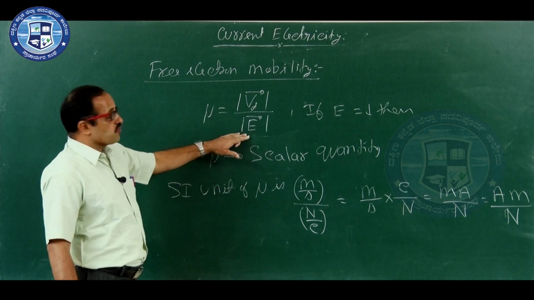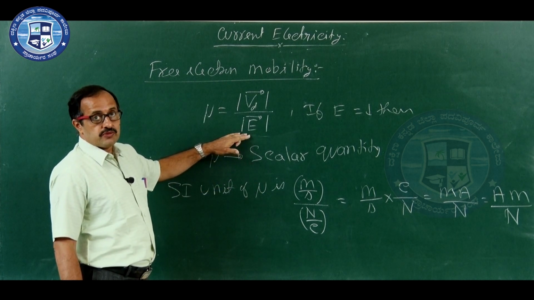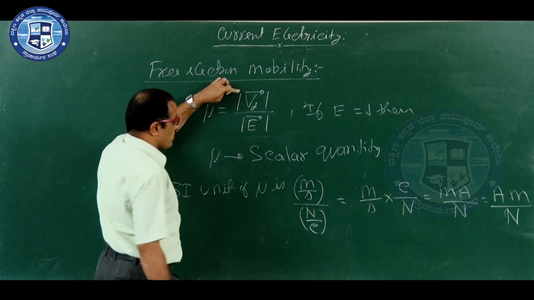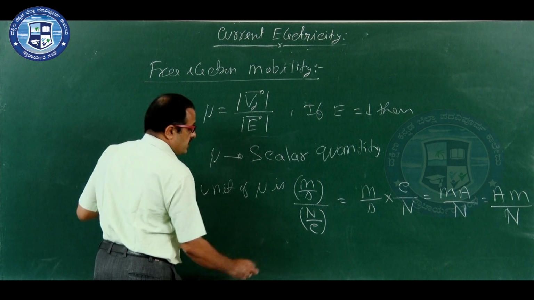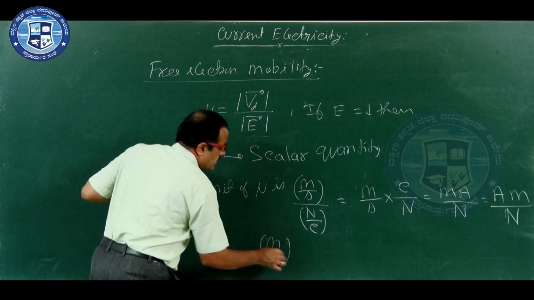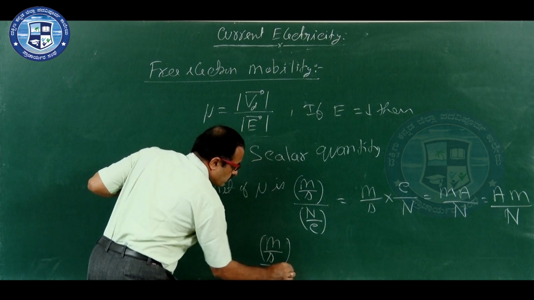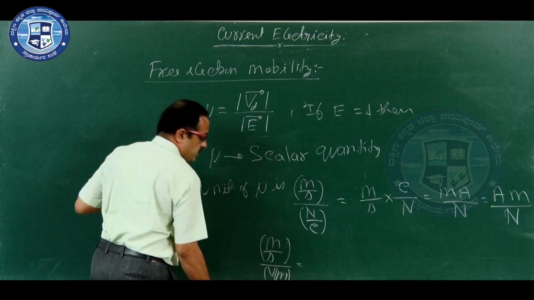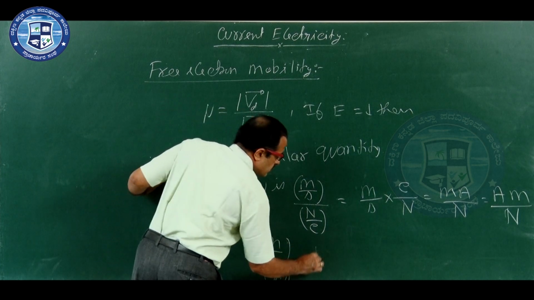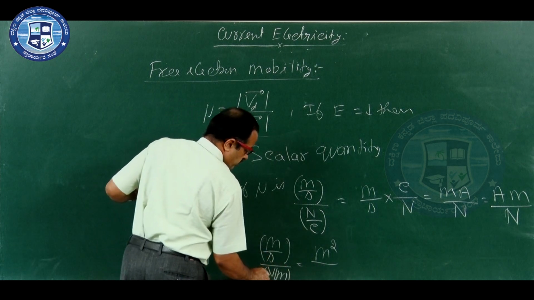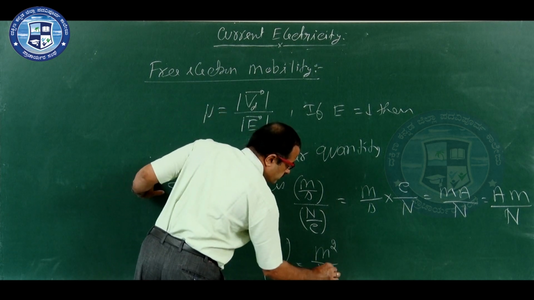See, electric field has one more unit, volt per meter. Instead of Newton per Coulomb, we can take it as volt per meter. Therefore, mu has the unit meter per second as it is, divided by electric field volt per meter, meter into meter, meter square divided by volt second.